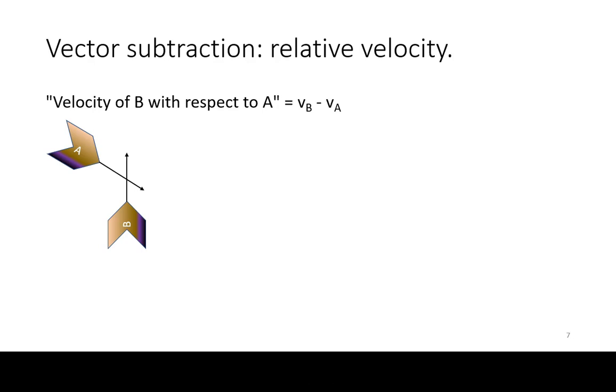The phrase "with respect to" refers to the vector being subtracted. In this example, velocity of b with respect to a means the velocity vector of b minus the velocity vector of a.